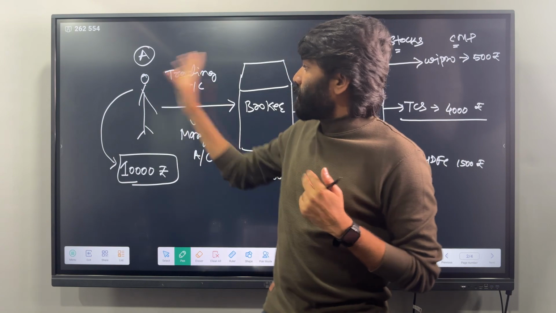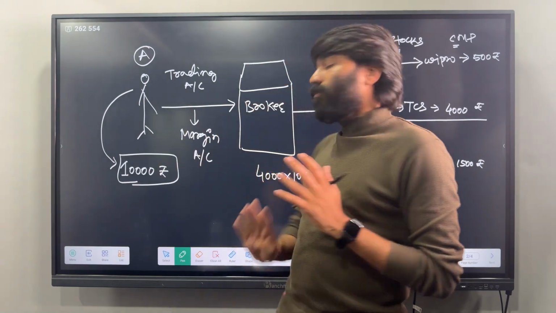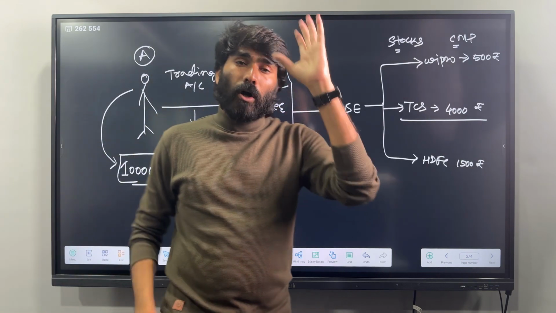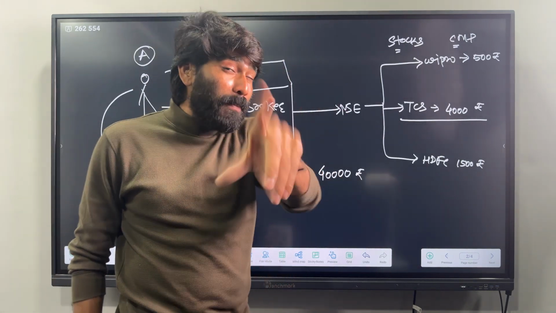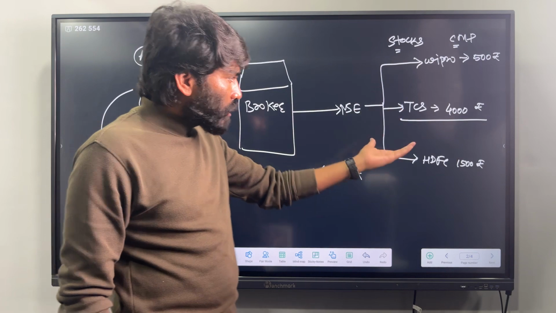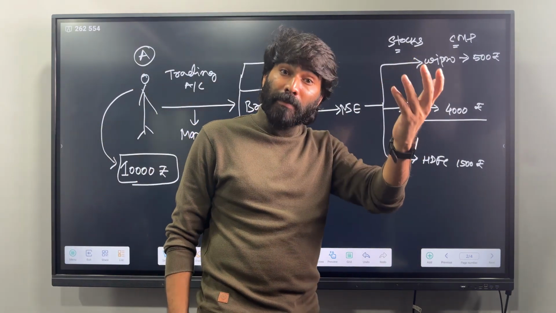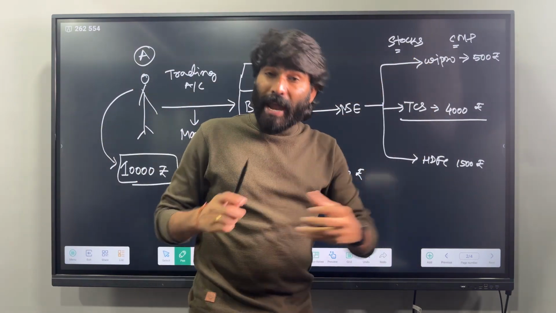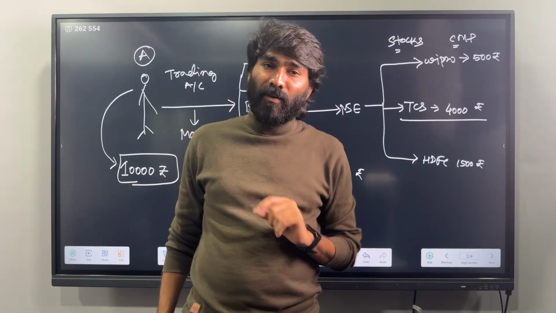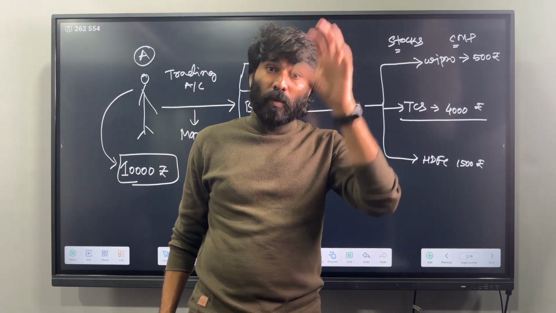This person is looking for at least 10 quantities, but the capital limit of this person is only 10,000. So how can that person buy the maximum number of shares of TCS? And here you can learn one thing: margin will enter.